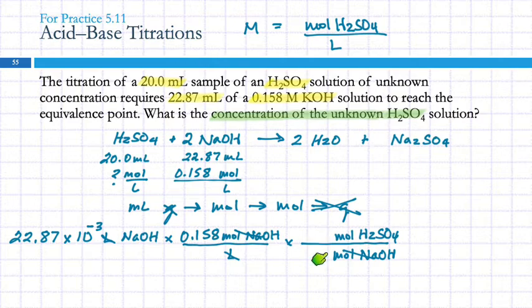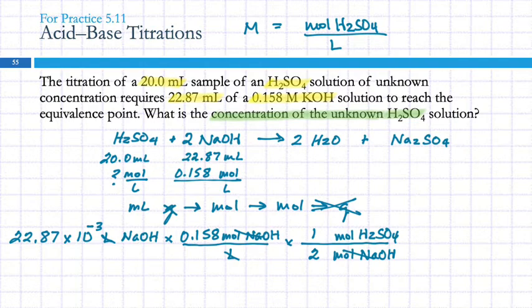And what's the ratio of H2SO4 to NaOH? That comes from the coefficients. For one H2SO4, I need 2 NaOHs.